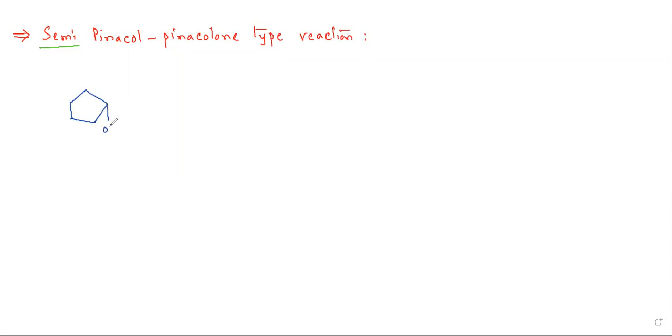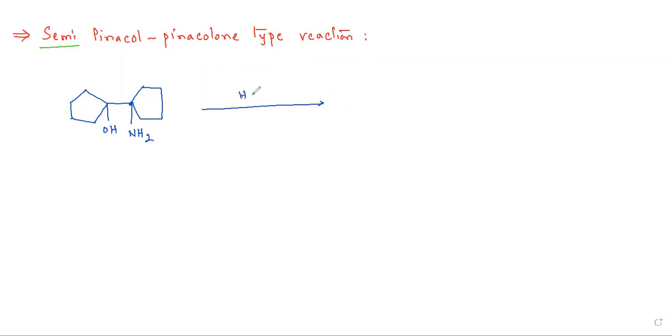Let us take this example to find out why it is called semi-pinacol pinacolone. Look at this. Now this is a primary amine, NH2. It's not a regular pinacol or a vicinal diol, but has to be converted into vicinal.